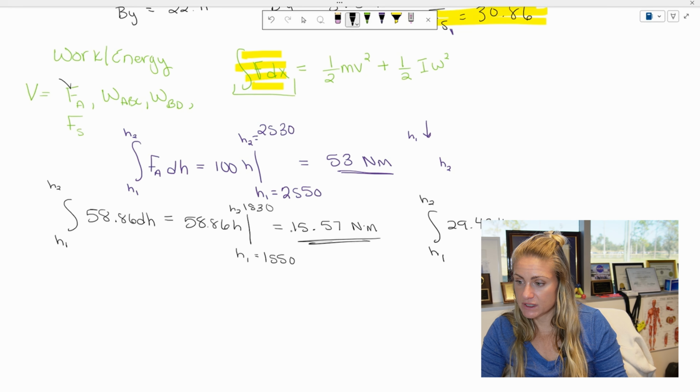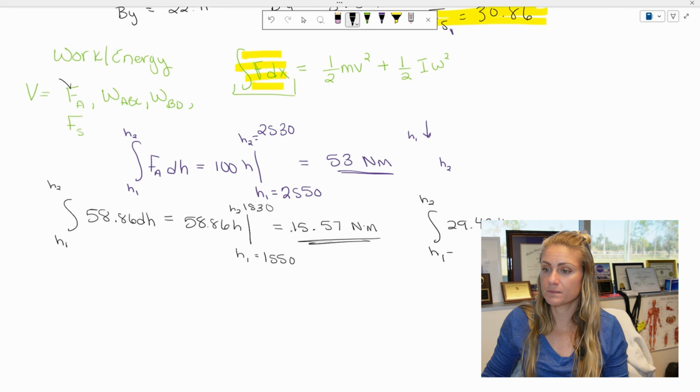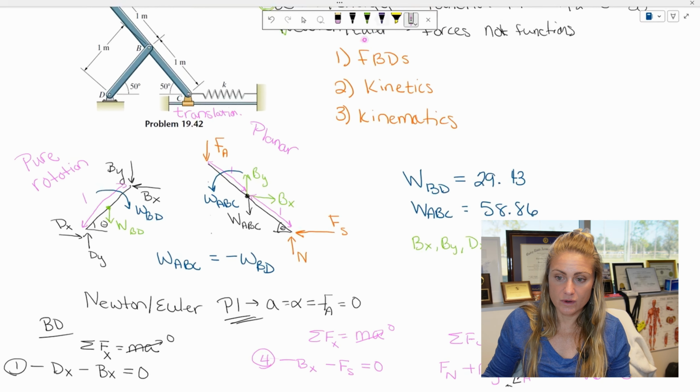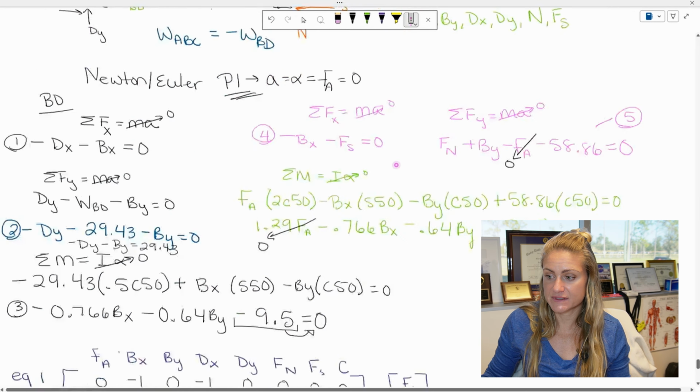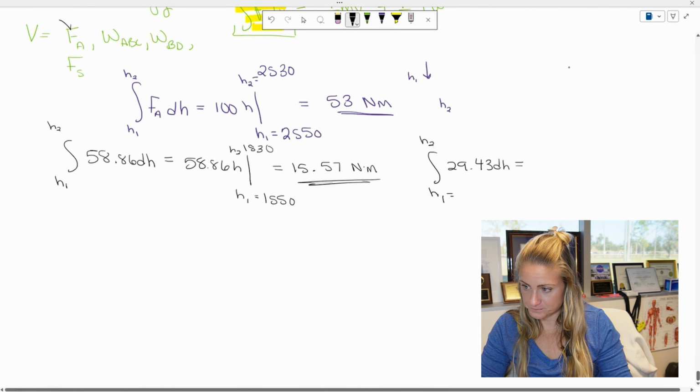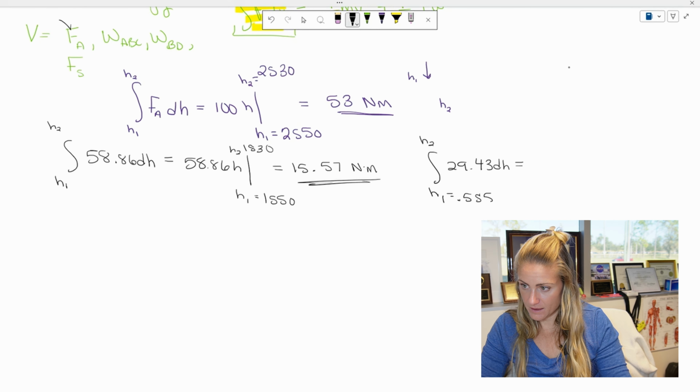Now my height for this one, again, it's at the center of mass here, so it's going to be half the distance, so that's 0.5 sine theta. So my height 1 would be 0.5 sine 50, and height 2 is 0.5 cosine 50. All right, so this would give you 3.91 Newton meter.